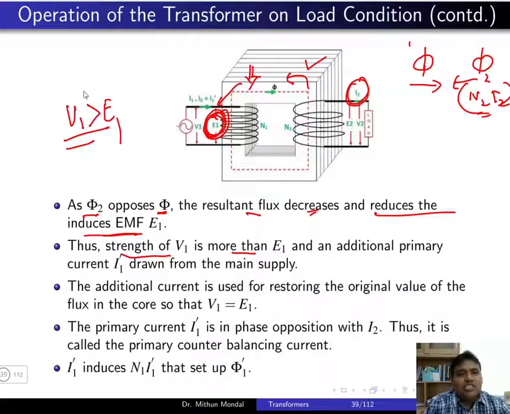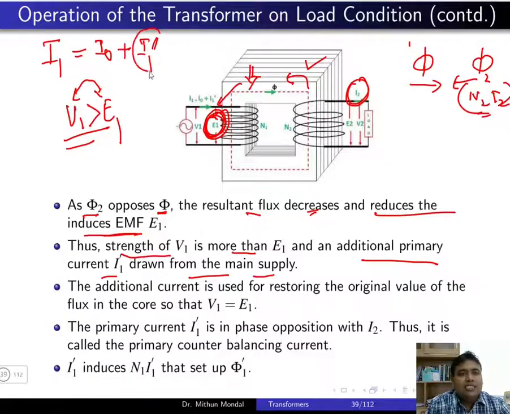When there is a difference in potential between V1 and E1, an additional primary current will be drawn from the main supply. So now the current I1 will be equal to I naught, which is the no load component of the current, plus I1 dash.